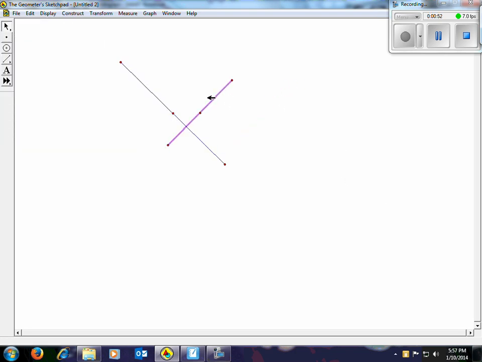And I'm going to take these points and stick them directly on top of each other. Okay, so now I have two lines that bisect each other.